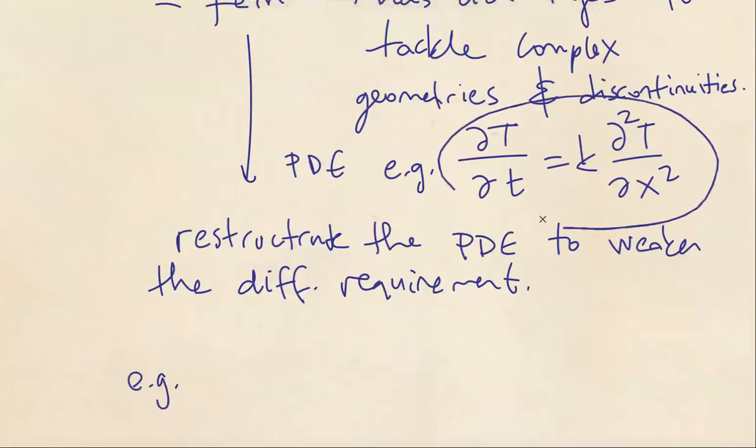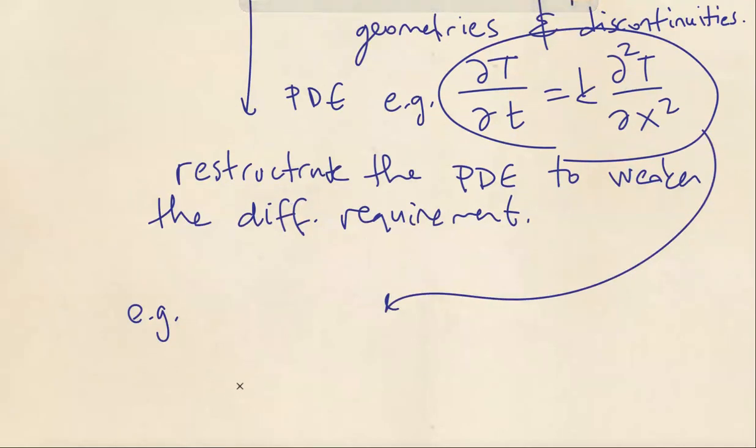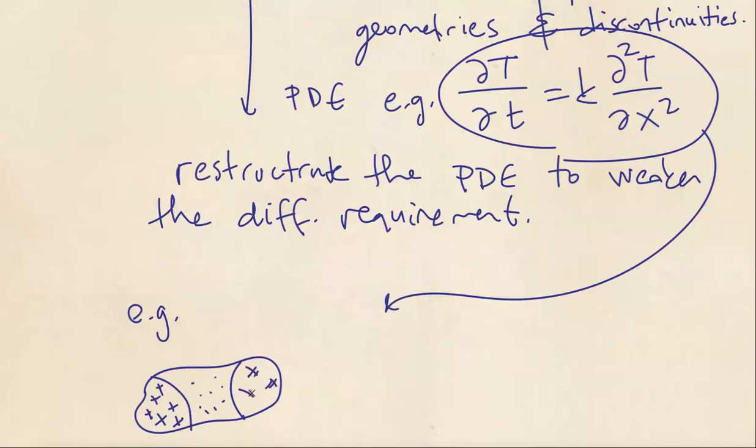In this example, I have written k as the coefficient for diffusion of the temperature, but this doesn't have to be uniform. What if the coefficient varies as a function of space? For example, I may have a material where one part has a different property from another.